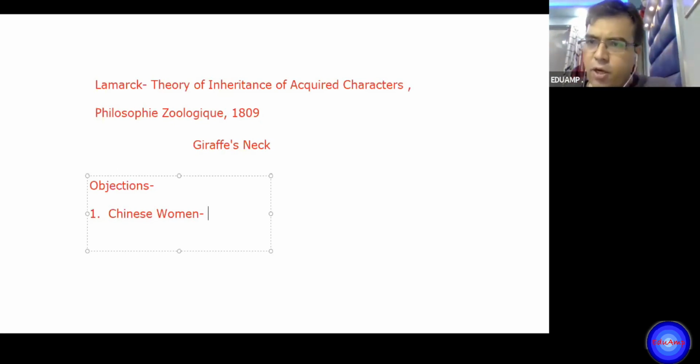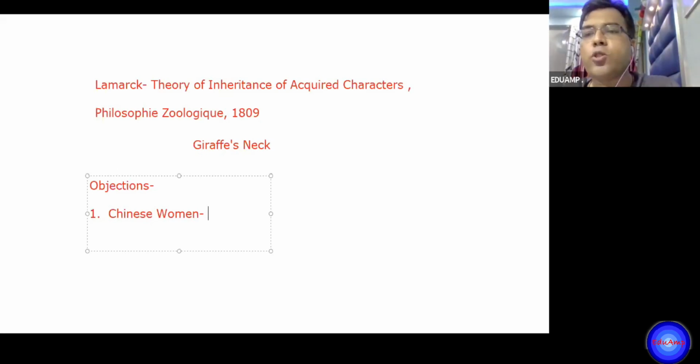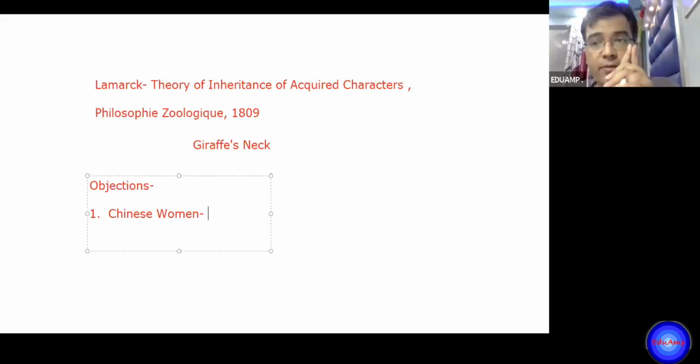So if this theory of Lamarck was correct, in that case, the offsprings of these Chinese women should also have their feet smaller as compared to other babies. Do you agree with this? Yes or no? No, sir. Does this happen? I'm telling you again.